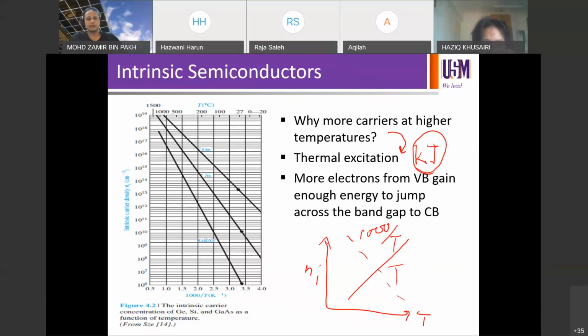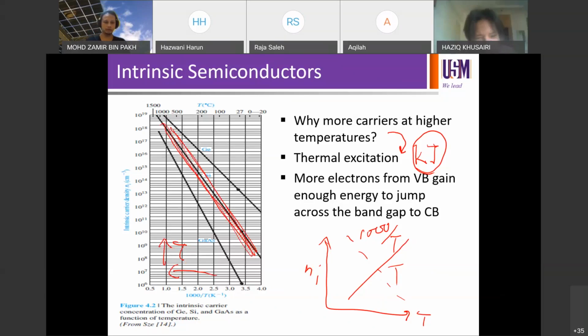But if you plot against T, you're going to get a proportional relationship. So in this case, if you go left, that means higher temperature. Therefore, your intrinsic carrier concentration increases accordingly in silicon.